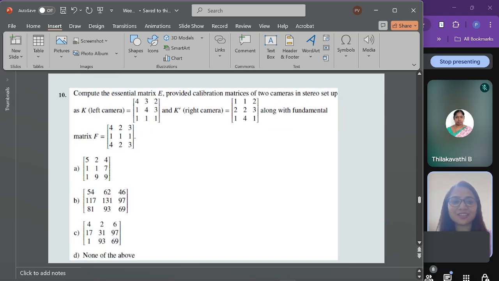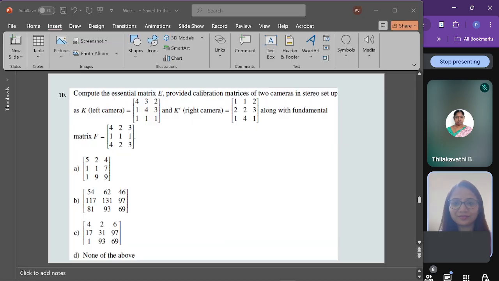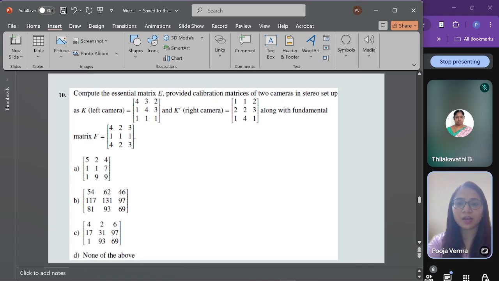Now, the next question is: compute the essential matrix E provided the calibration matrices of the two cameras in a stereo setup as K, the left camera, and K dash for the right camera, along with the fundamental matrix F. Here the left camera matrix, right camera matrix and fundamental matrix are given.